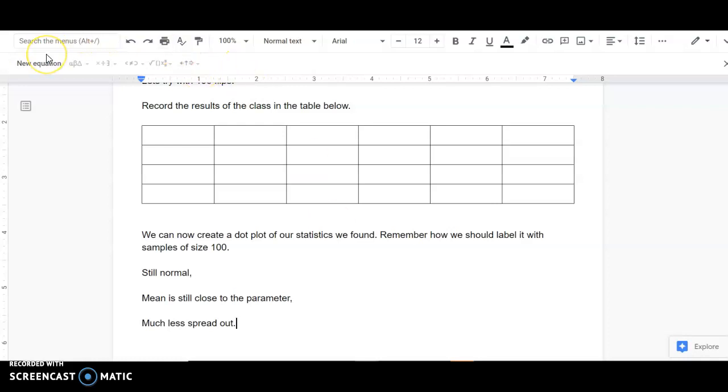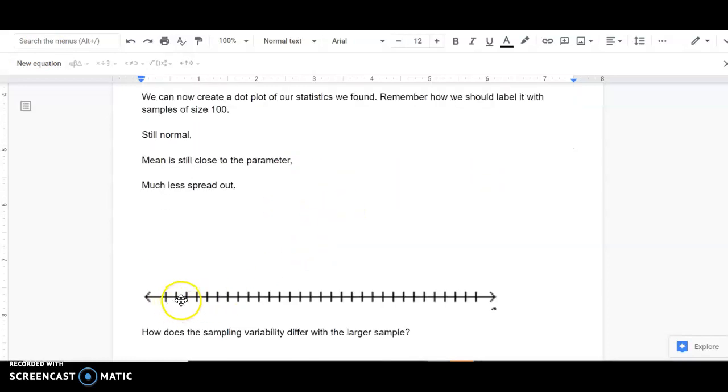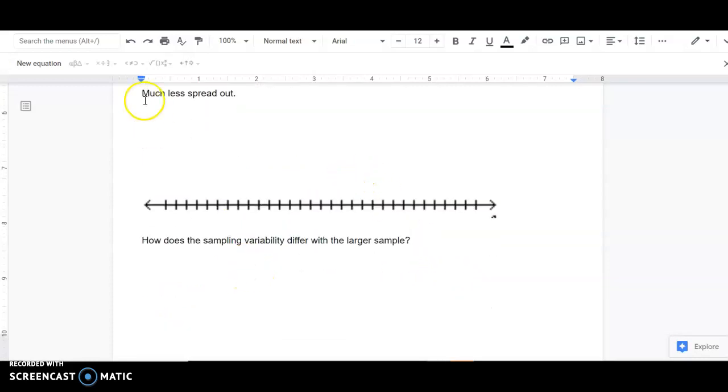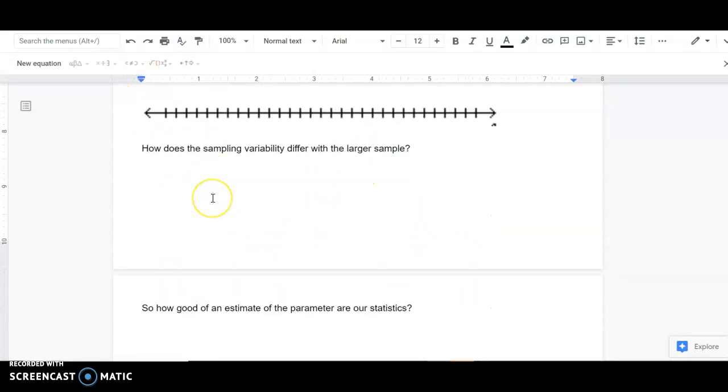And that's a good thing, because we want things to be less spread out, because the less spread out they are, the more consistent they are, the better it is to do some of the things we will do with these in the future. So we know this is definitely a normal curve with these properties. Okay.